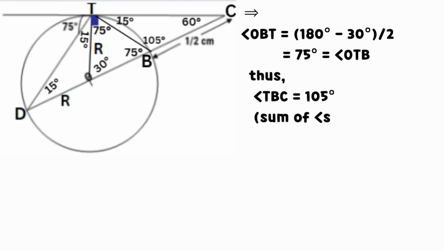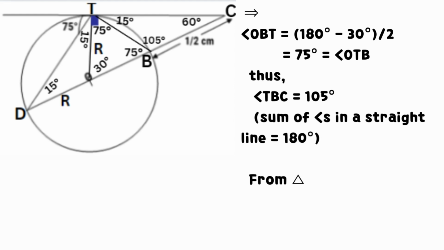This equals 75 degrees, which equals angle OTB. Thus, angle TBC equals 105 degrees. Sum of angles on a straight line equals 180 degrees.